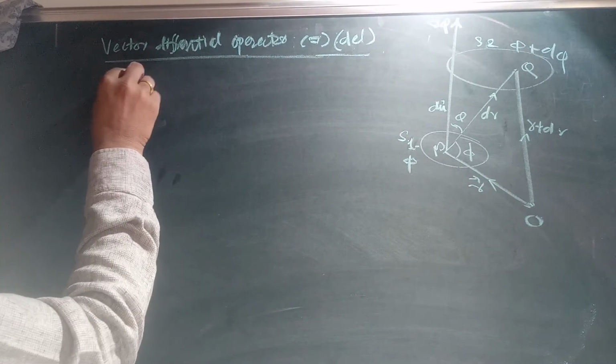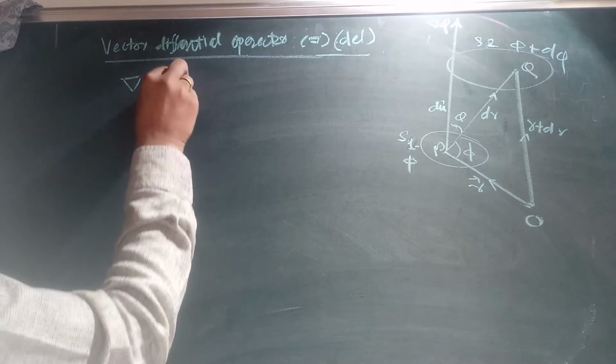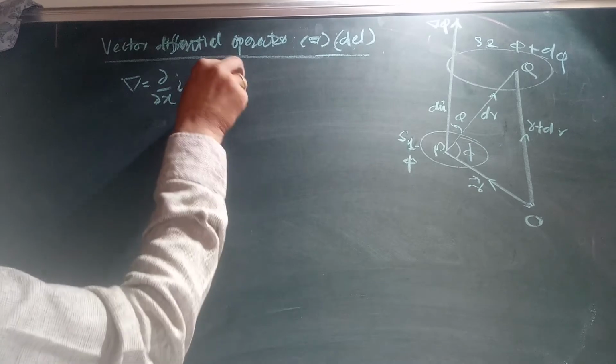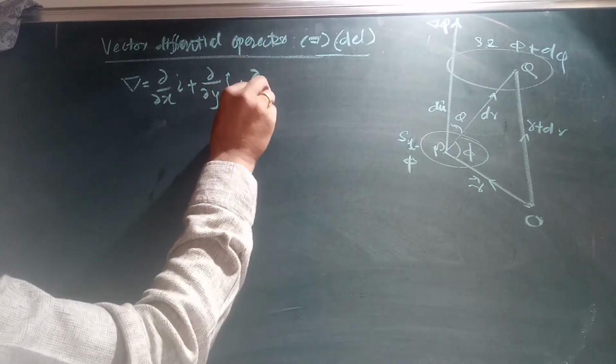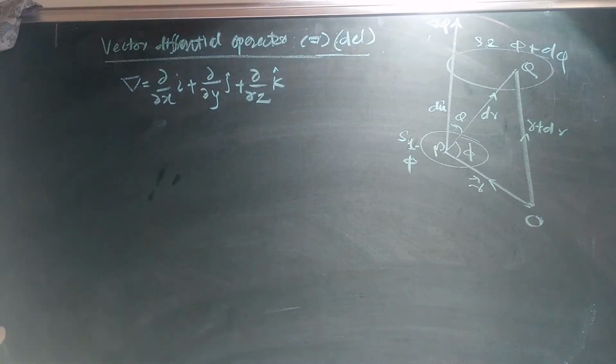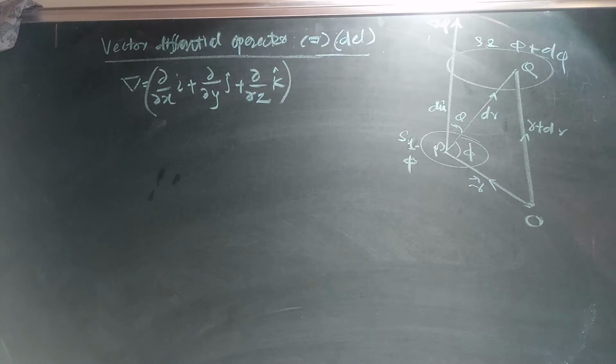So del is defined as del is equal to ∂/∂x i plus ∂/∂y j plus ∂/∂z k. This is the definition of the del operator.